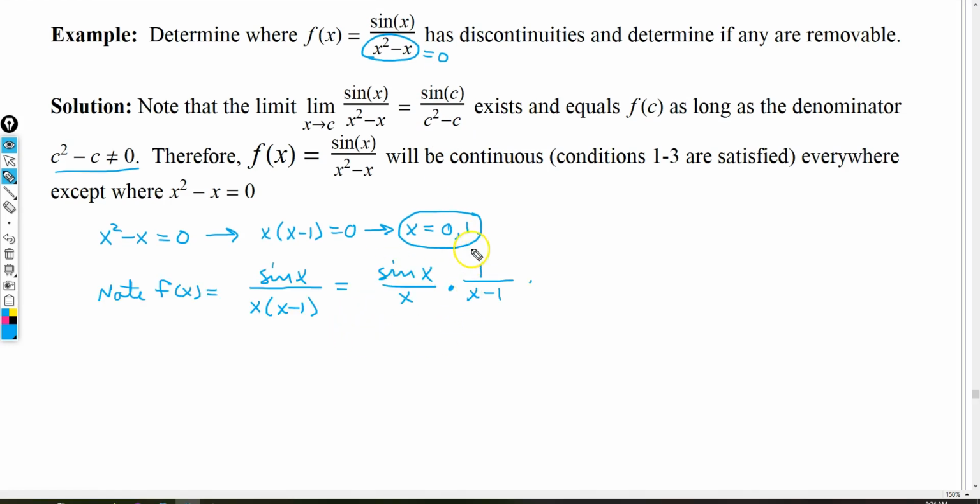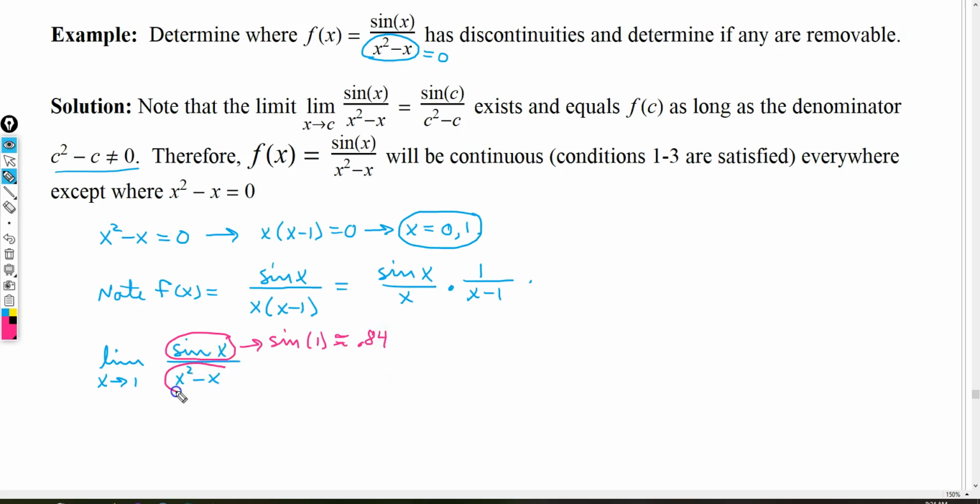Well, if we consider the discontinuity at 1 first, you'll notice that the numerator here is approaching the sine of 1, and you can evaluate this on your calculator. Remember, we're using radian measure here. We always use radian measure, and that's approximately 0.84.